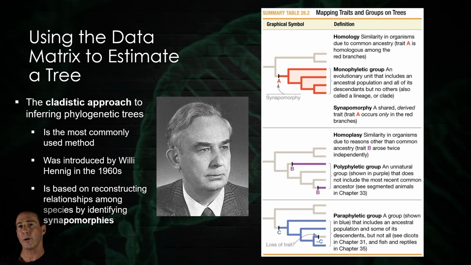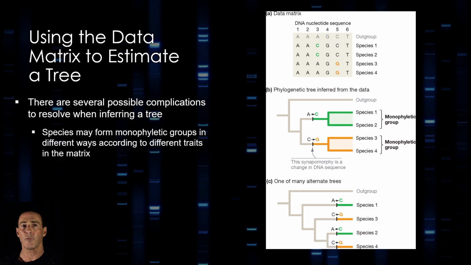The cladistic approach is based on the principle that relationships among species can be reconstructed by identifying shared derived characters, synapomorphies. Although it is not simple in practice. Sometimes the species form a monophyletic group one way, according to one trait in the matrix, and a different way according to a different trait in the matrix.